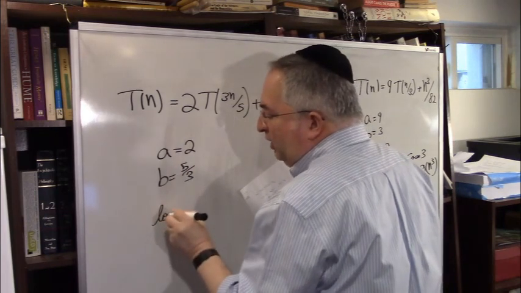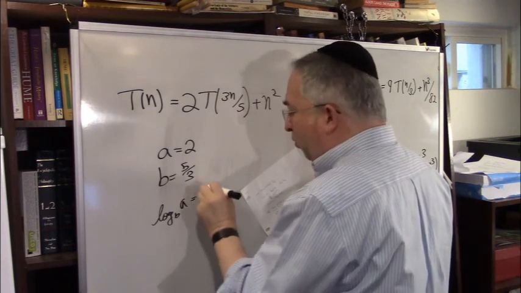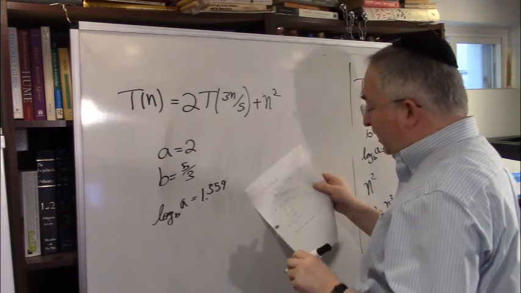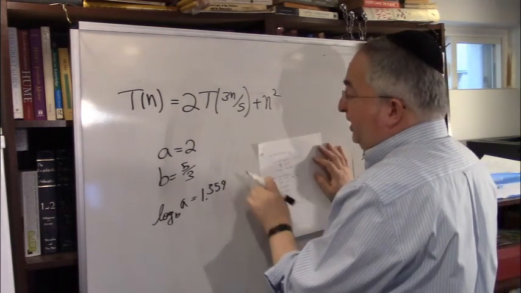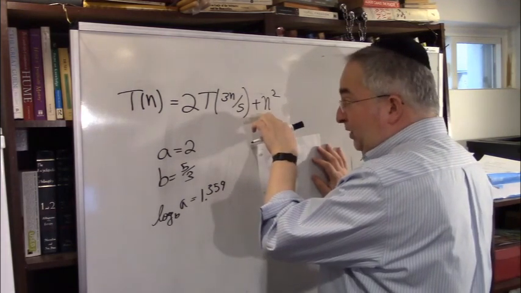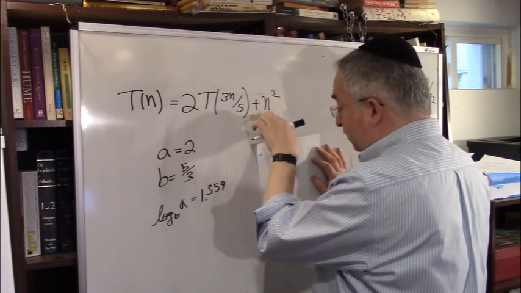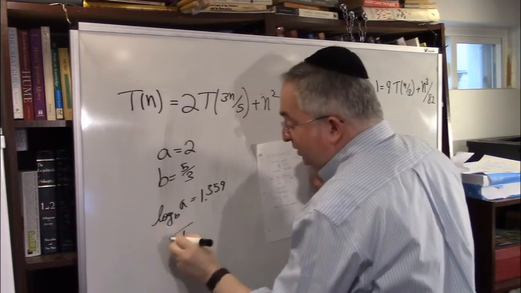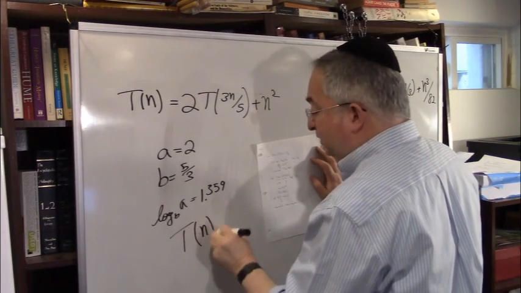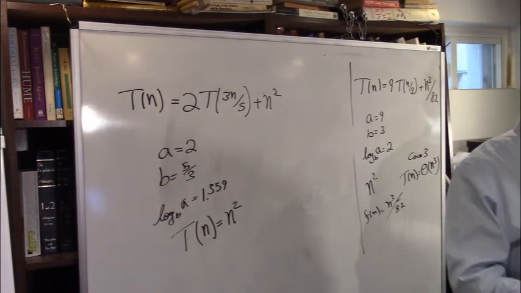Log base b of a is equal to 1.359. You need a calculator for that. And so what grows faster, n to the 1.359 or n squared? Answer, n squared grows faster. Conclusion, that's case 3. So T of n is equal to theta of n squared.